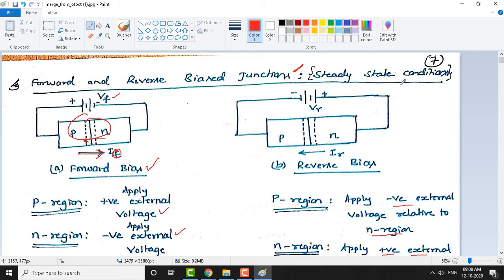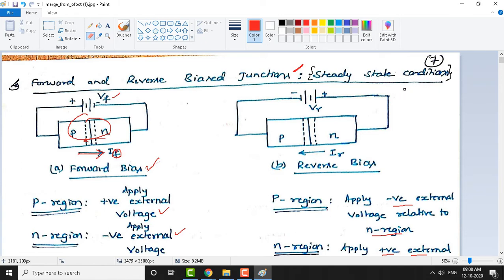What other conditions are you aware of? Movement of charges like hole and electron. See, one is equilibrium conditions. The other one is transient conditions.